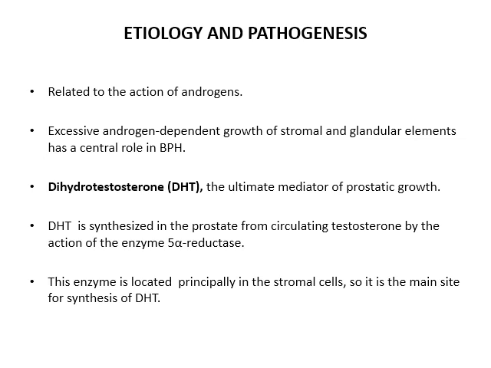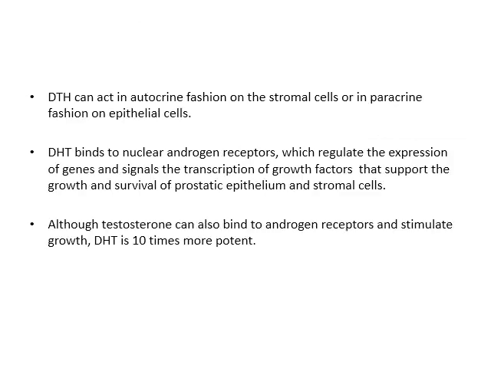This dihydrotestosterone is synthesized in the prostate from circulating testosterone by the action of the enzyme 5-alpha reductase. This enzyme is located principally in the stromal cells, so this is the main site for the synthesis of dihydrotestosterone.